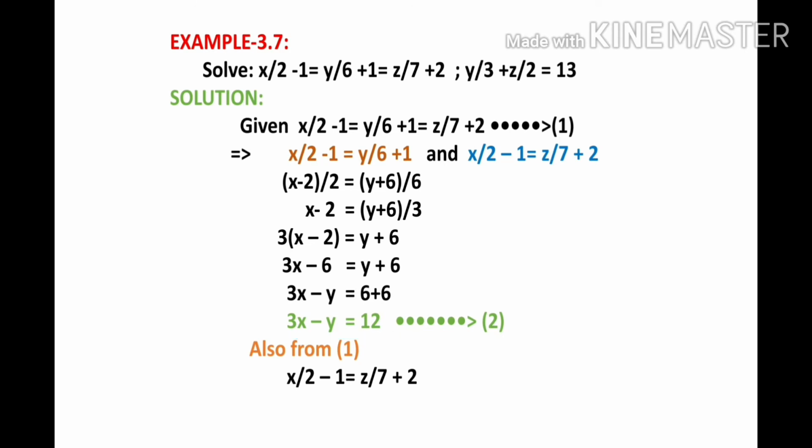Also from equation 1, we take this one, x by 2 minus 1 is equal to z by 7 plus 2. We have to simplify like this one, that is x by 2 minus 1 is equal to y by 6 plus 1.